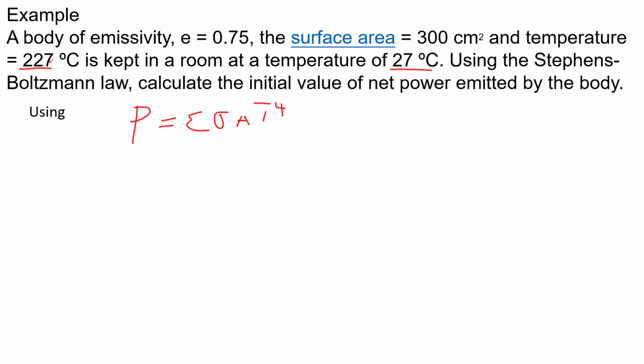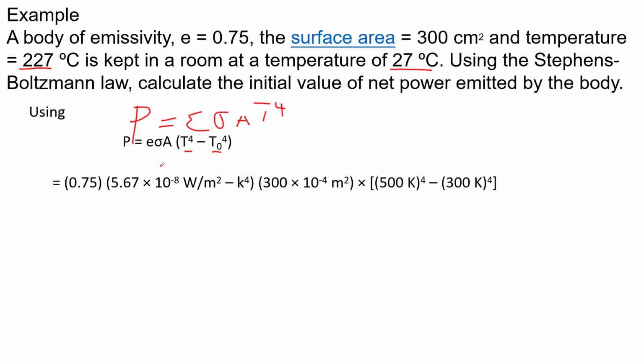So we are going to have the temperature of hot minus the temperature of cold. For epsilon, the emissivity, it is 0.75.